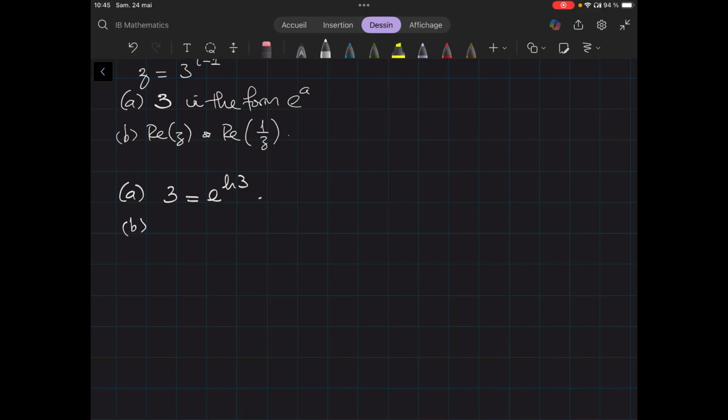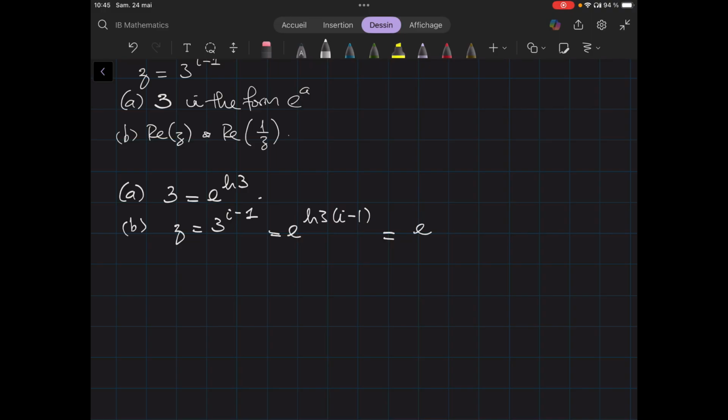B. Hence, give your answer in the form p cos ln of q. Find the real part of z. Okay, so let's use the answer to part A, shall we? If z is equal to 3 to the power of i minus 1, 3 is e to the power of ln 3 times (i minus 1).